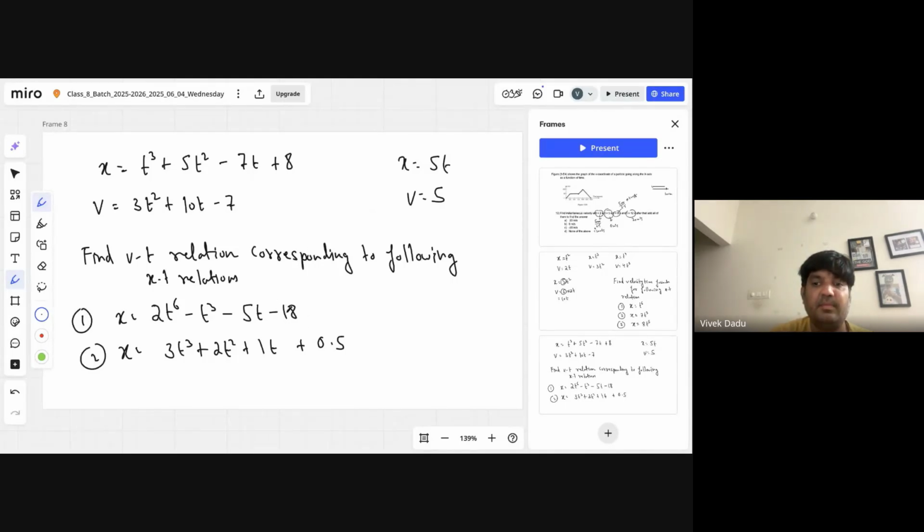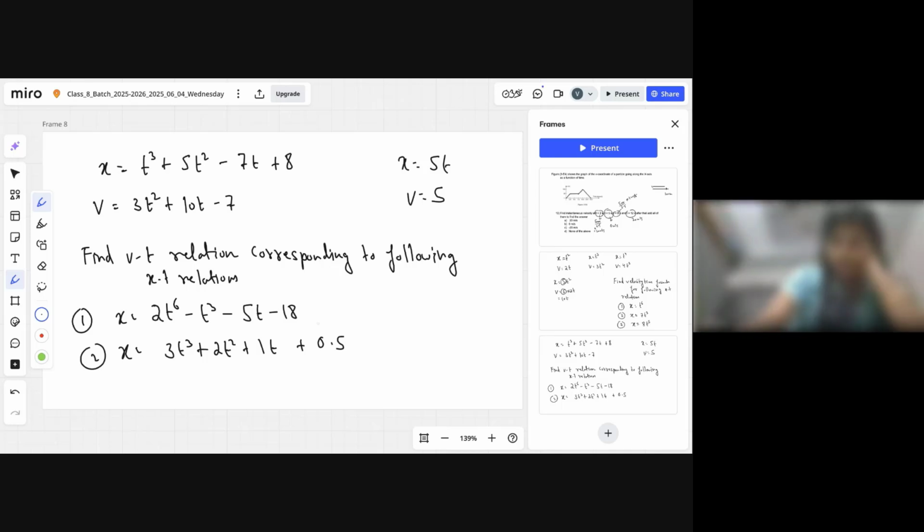This term and this term, what will they become in the VT formula? If it's a constant term, it becomes what? Everyone fine with this? Yes, sir.